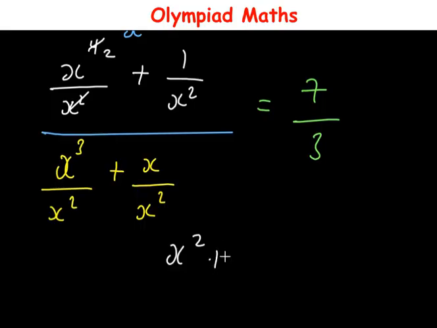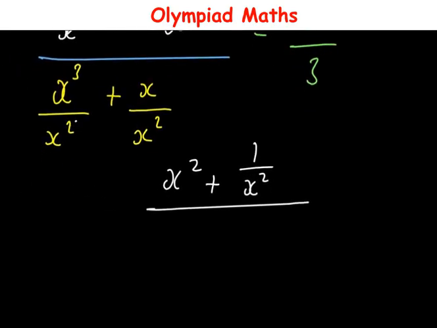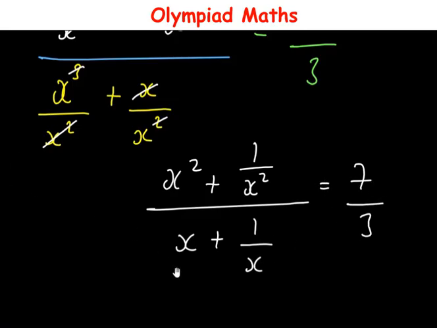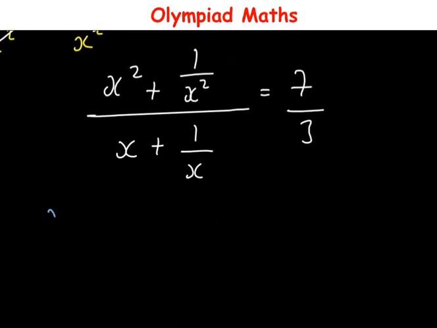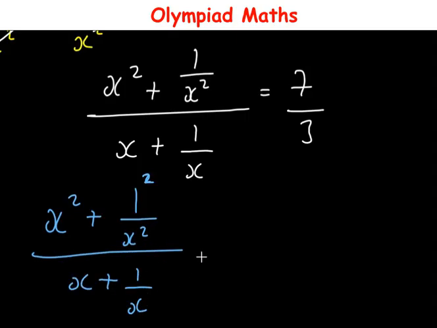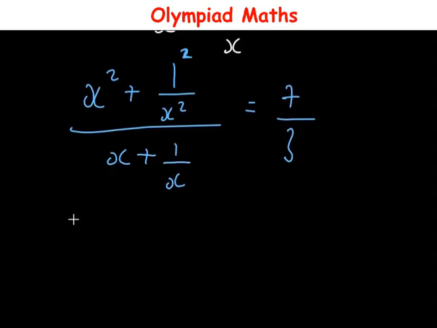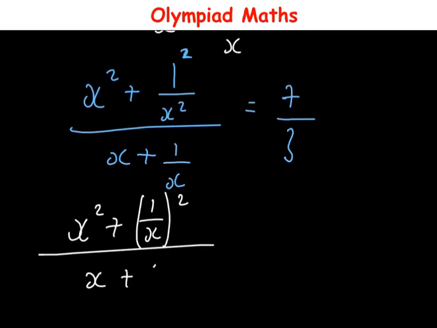So we have x^2 plus 1 over x^2, then divided by, for the denominator, x^3 divided by x^2, we are left with x, and x over x^2, we are left with 1 over x, and this equals 7/3. So for the numerator, we can write it as x^2 plus (1 over x)^2, because 1 squared is still 1, all over x plus 1 over x. This equals 7/3.